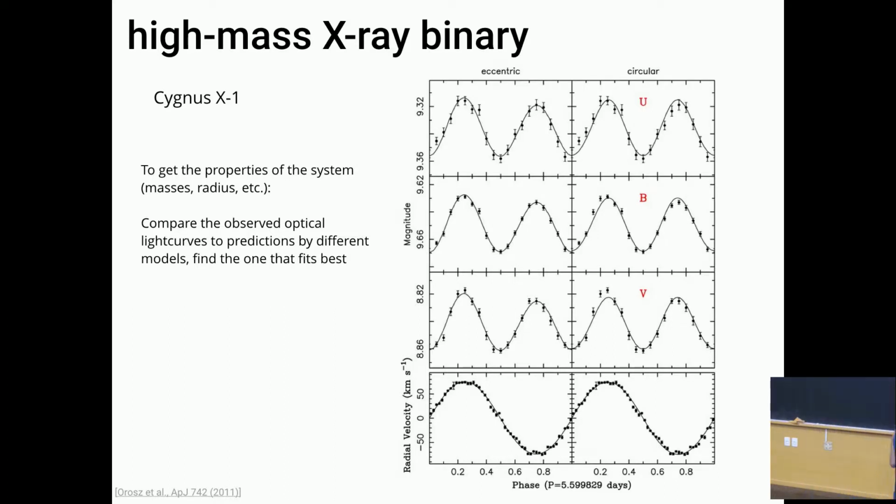And so by fitting all of these parameters, the one that fits the best is going to be one that gives you a 15 solar mass black hole. That's the sort of thing that people do in order to figure out how massive black holes are in these electromagnetically detected black holes.